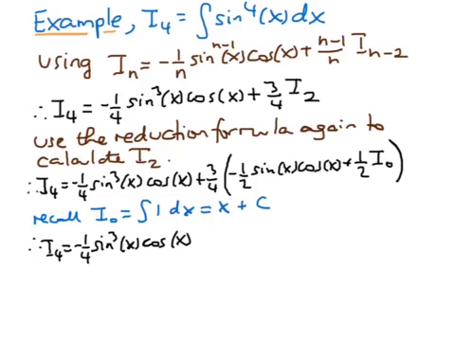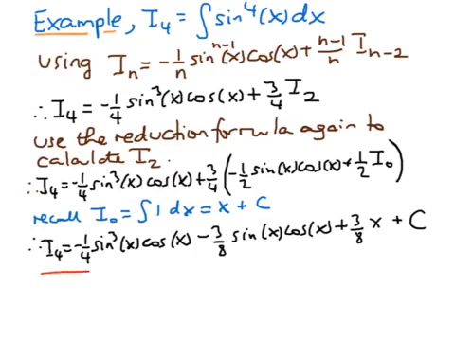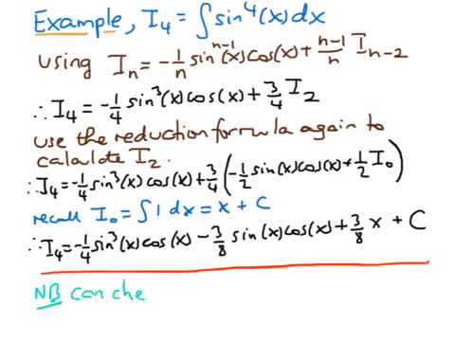So I'm going to get, first of all, minus 3/8 sine of x times the cosine of x plus 3/8 times I0, and I0 we've just said is x, plus some integration constant. So this is our result, and what we can do now is check this by differentiating it.